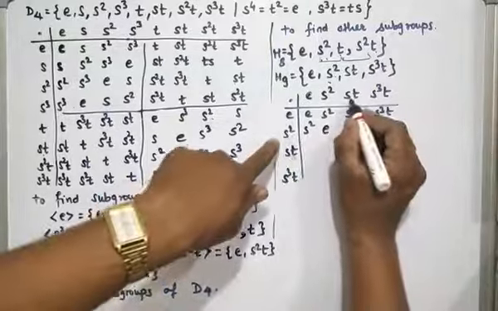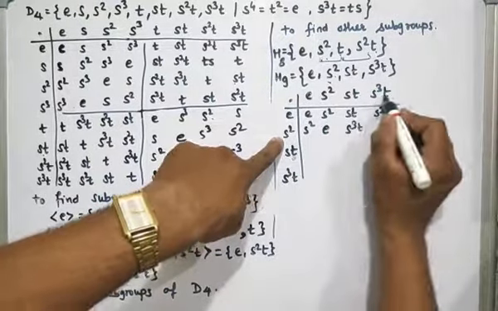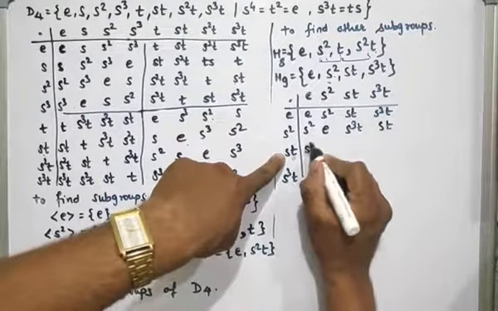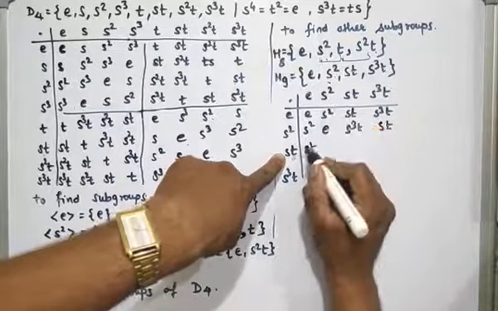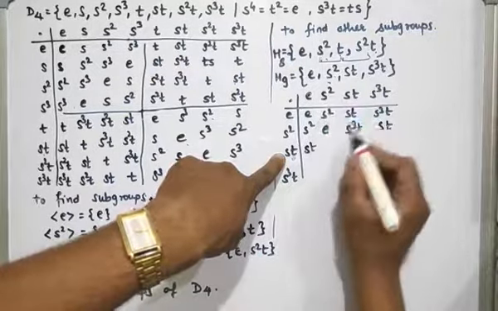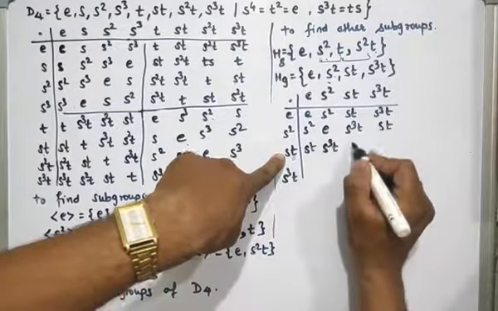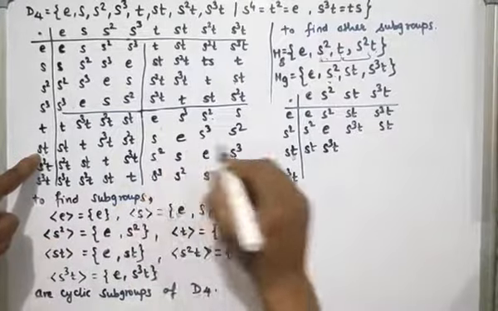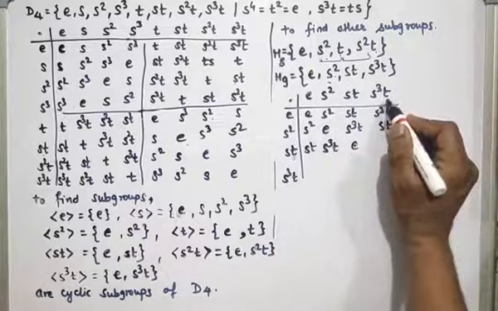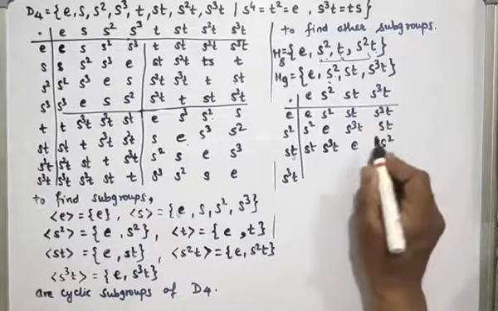S square into ST is the third element S cube T, and S square into S cube T is ST. ST into identity, ST into S square gives the third element S cube T. Now ST into ST is identity, and ST into S cube T is the third element S square.